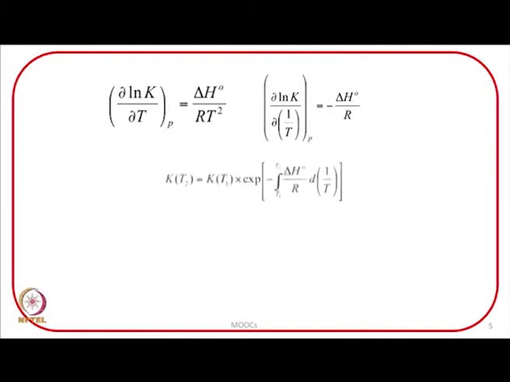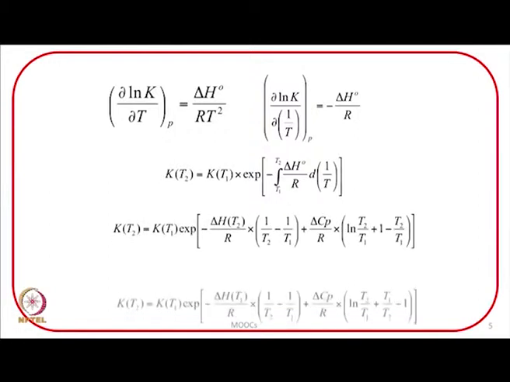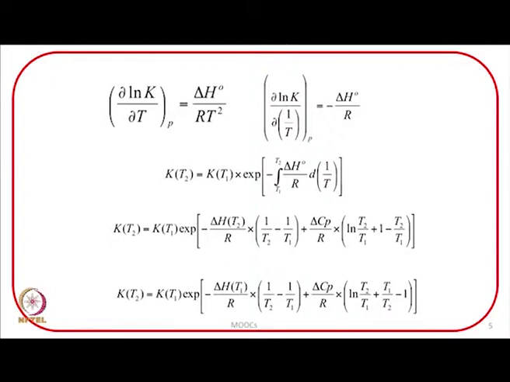And one can go further with this step and express K at T2 is equal to K at T1 into exponential of minus the integral of delta H naught by R, d(1/T), from T1 to T2. And then it is possible to arrive at these two equations where we express the temperature dependence of the values of K. I will just explain one of these and the other you can try yourself.